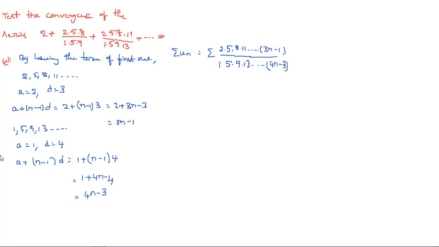So now we need to simplify this. From this, un is 2 5 8 11 and so on, 3n minus 1, by 1 5 9 13 and so on, 4n minus 3.